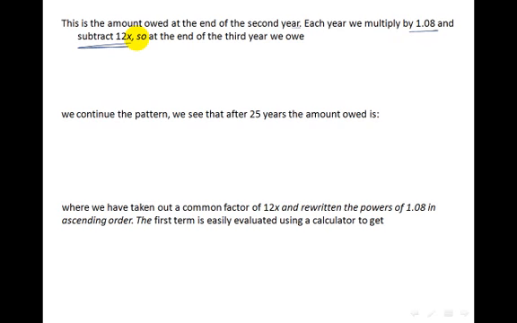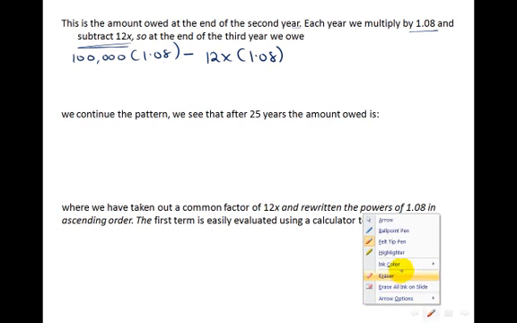So what will happen at the end of the third year? Let's see what we had on the second year. This is what we had at the end of the second year, right?